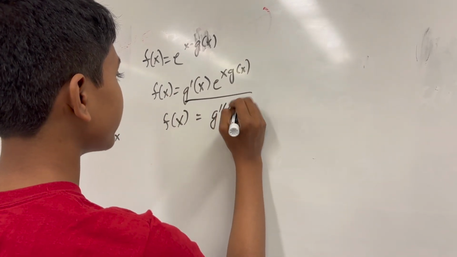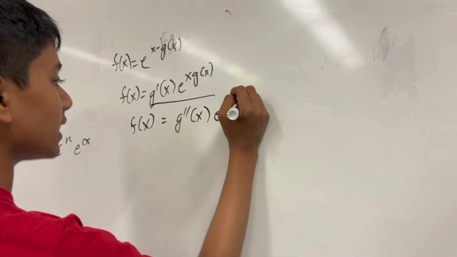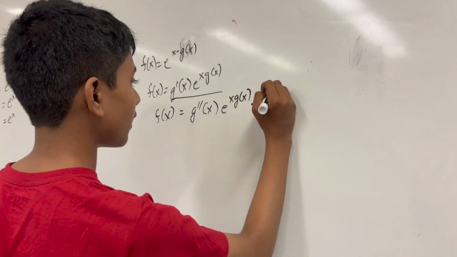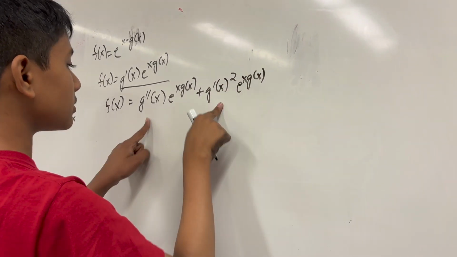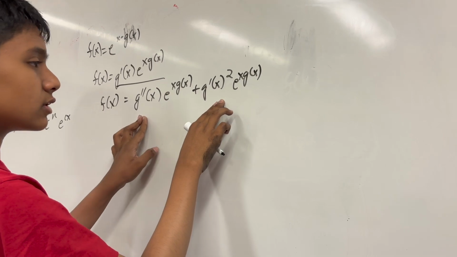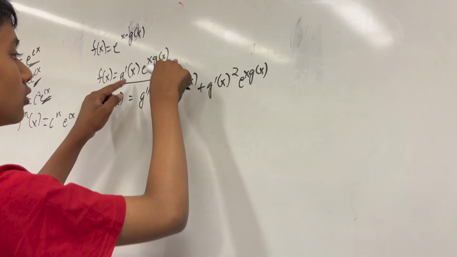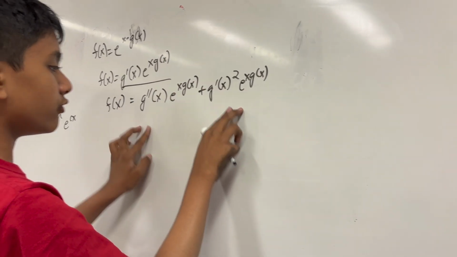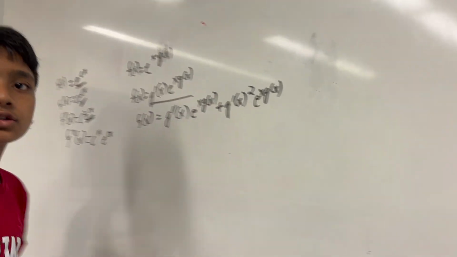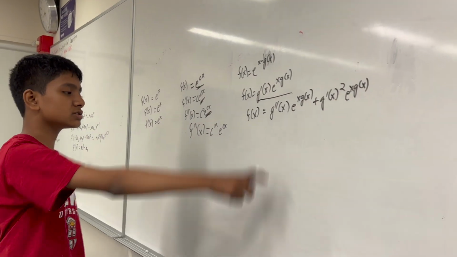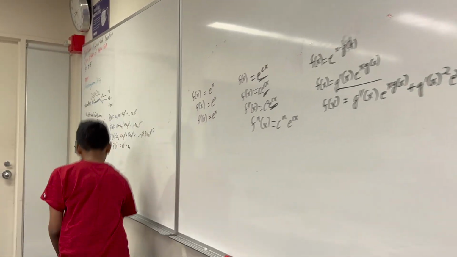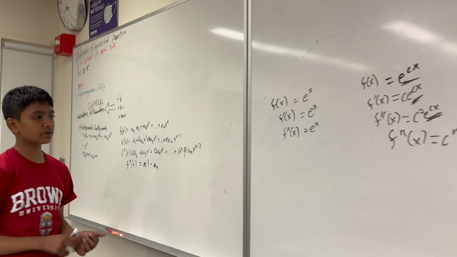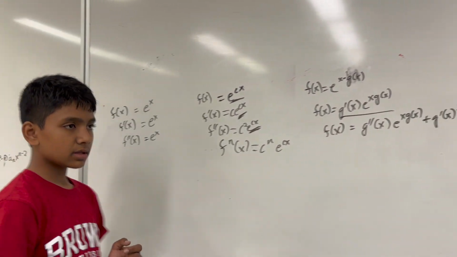G double prime of x, e to the x, plus g prime of x, e to the x. And if you keep doing this, the product will spiral more out of control, turning it from 1 term to 2 to 4 to 8, and so on, and it just spirals into chaos. So we don't like this. And so, let me pick up this marker cap that I dropped right over here. That's our limits for e.